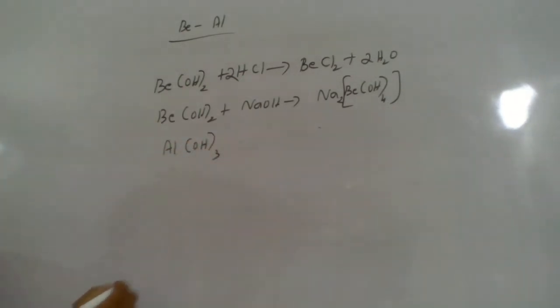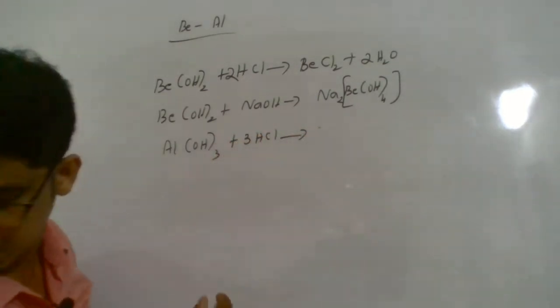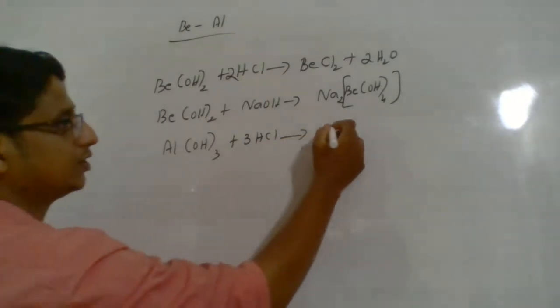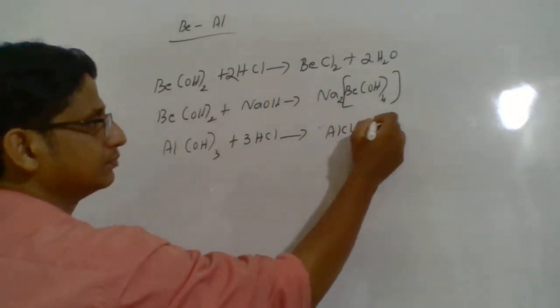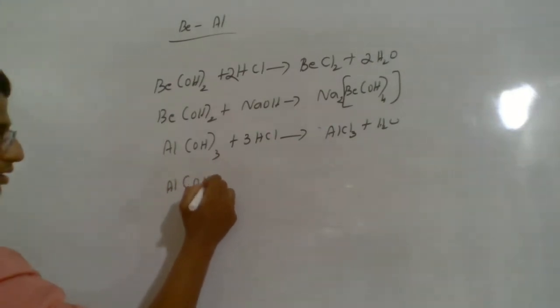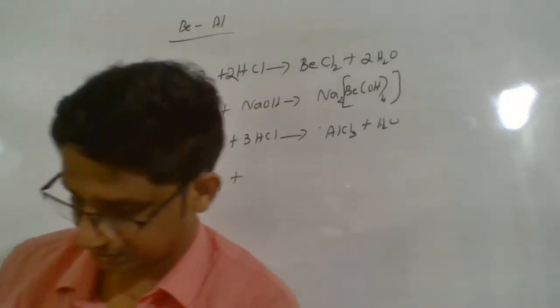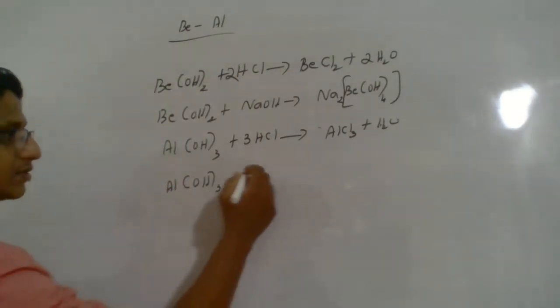Similarly, aluminium hydroxide reacts with HCl to form the corresponding aluminium chloride, and water will be formed. Similarly, aluminium hydroxide reacts with a base like NaOH to form the corresponding aluminates.